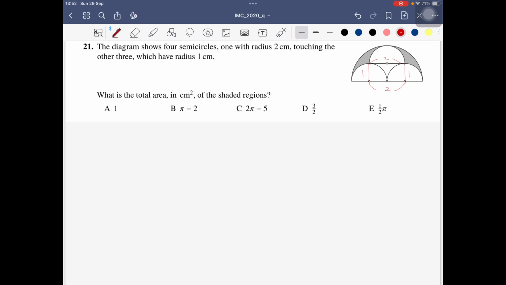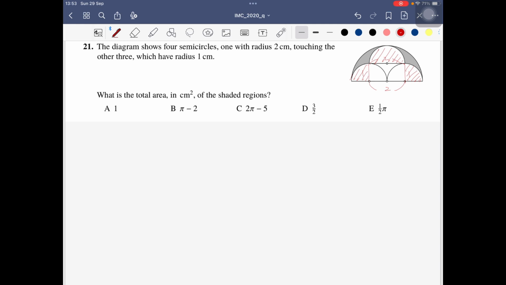Total area of the shaded region. Okay, then when I shade here, here, here, and assemble them together, actually it becomes one full circle, this smaller circle.